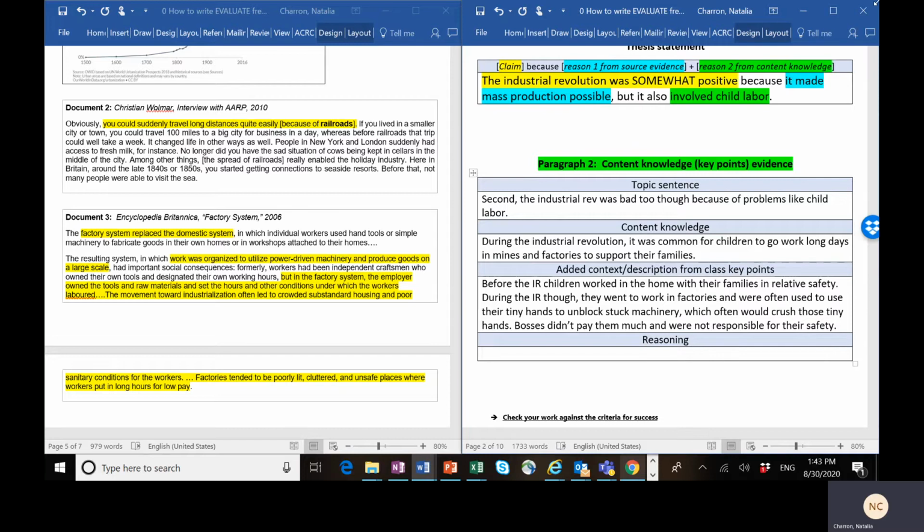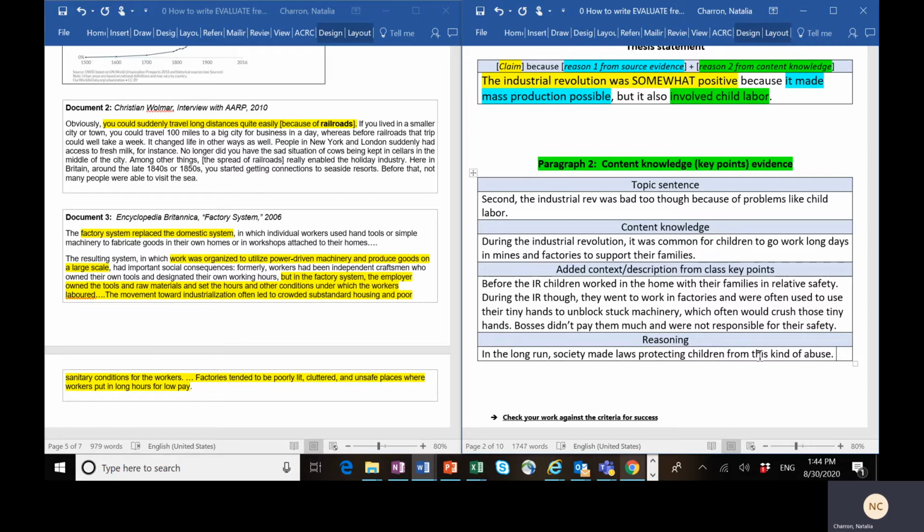And to do that, we can, as before, talk about long-term effects. We could talk about comparing and contrasting what life was like for these kids before and after. I'm going to go with long-term effects. I feel like long-term effects are easy for reasoning. So I'm going to say, in the long run, society made laws protecting children from this kind of abuse. Like you can't hire children to do dangerous work for one thing. And even if you could, we have laws that mean that employees have to be safe at work.